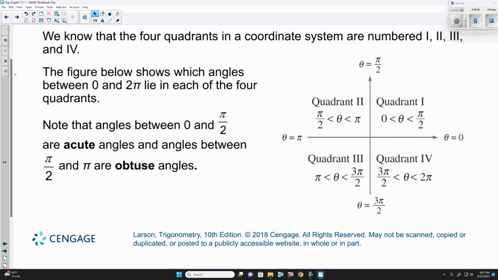Because we do have this here, 0 and pi over 2, or 0 and 90 degrees. And if we go all the way around between pi over 2 and pi, or 90 and 180, we would indeed have an obtuse angle.